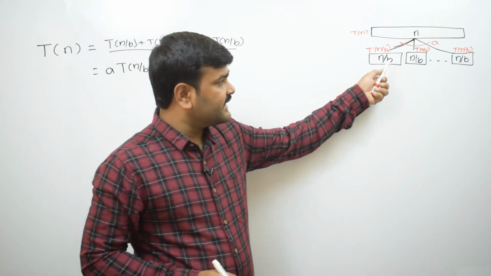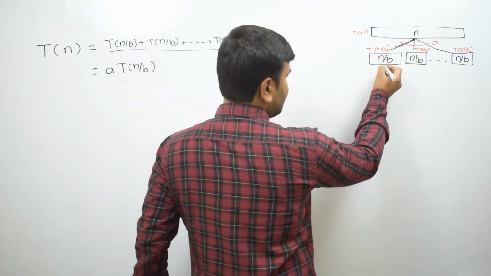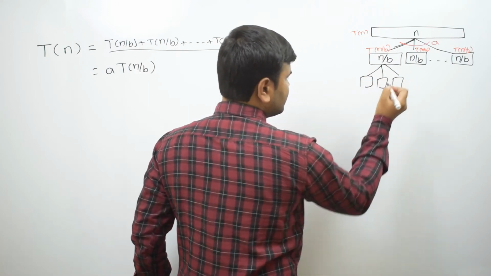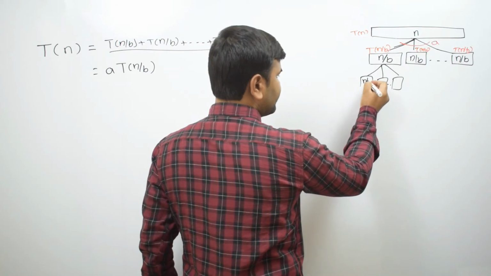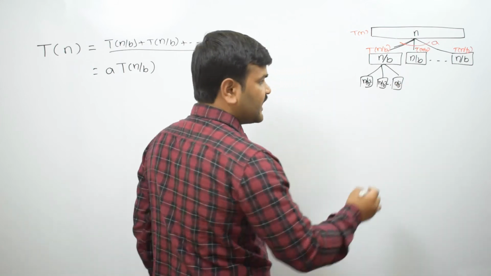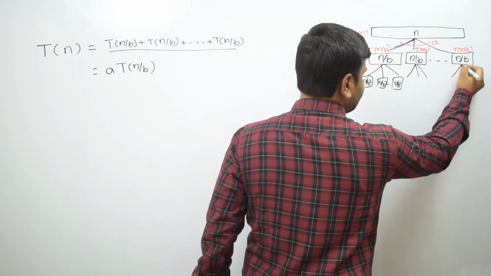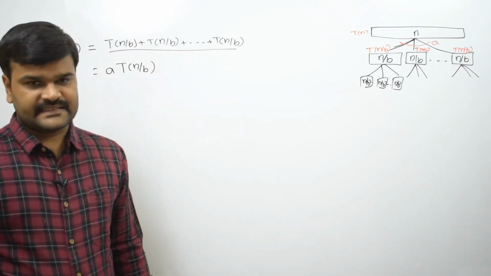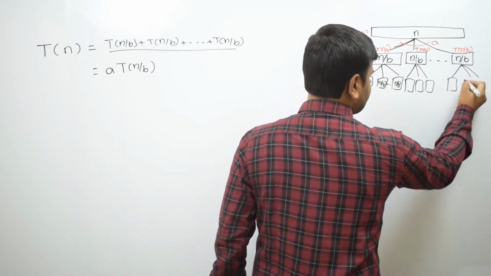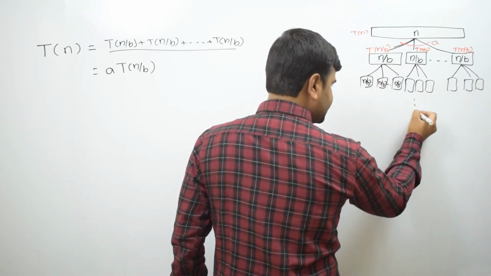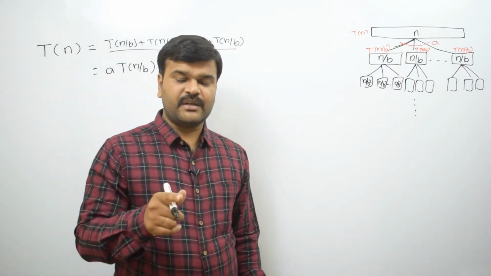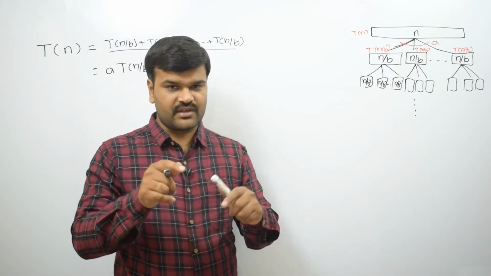So like this if you are dividing, next what will happen? This is also going to have A subproblems. So that means this is n by b square, n by b square, n by b square. Every subproblem is further divided into A subproblems. Like this it is going to have division till it has either one element or zero elements, or where it is comfortable to solve.